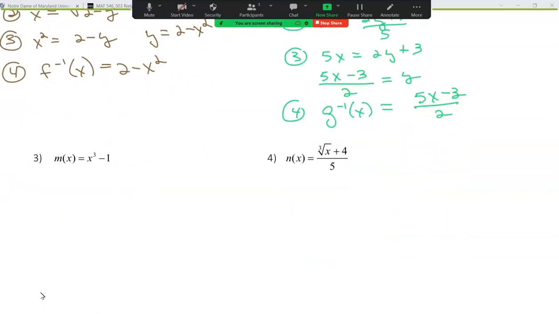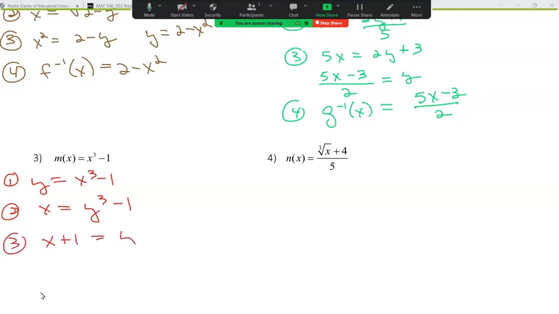Okay, here's another example. y equals x cubed minus 1. Switch: x equals y cubed minus 1. Okay, x plus 1 equals y cubed.